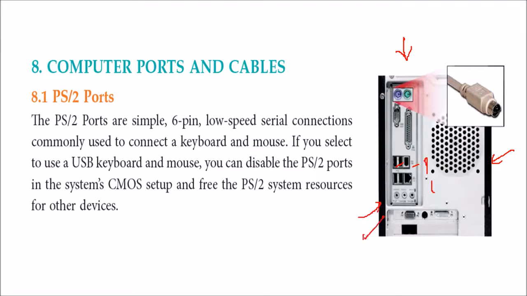First, these two, in blue and green color, are PS2 ports. These are very simple 6-pin low speed serial connections. Serial connection means data goes one by one. If you use a USB keyboard and mouse, you can easily disable PS2, because nowadays most keyboards and mice come with a USB port.